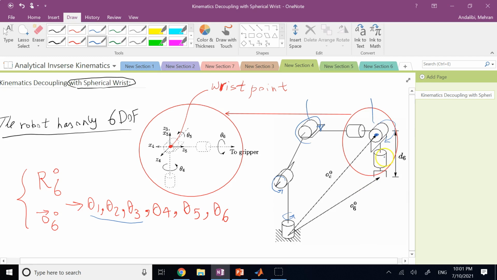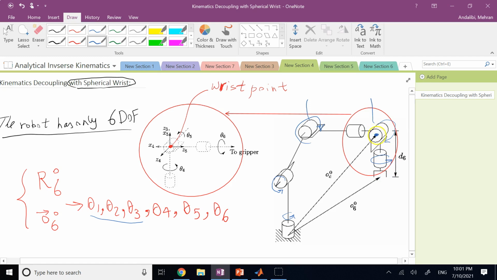So it's not like, for example, this theta 6 is going to affect the position of the end effector. Theta 5 also is going to affect the position of the end effector, but not the position of the wrist point.